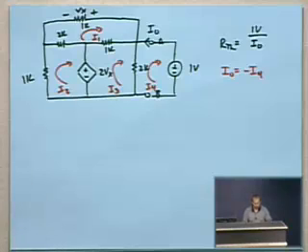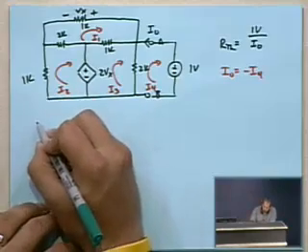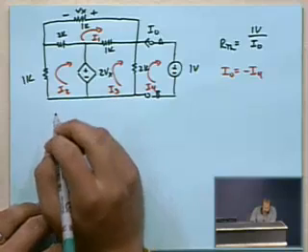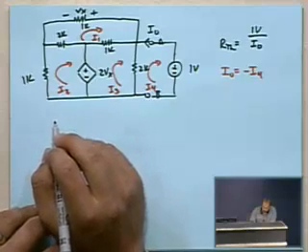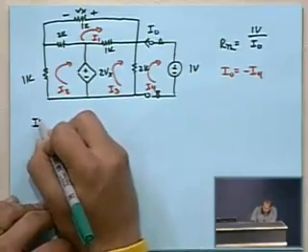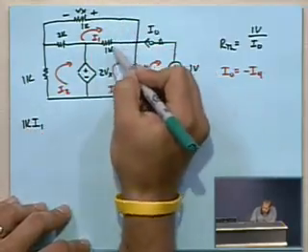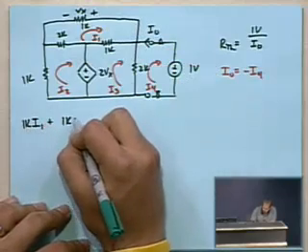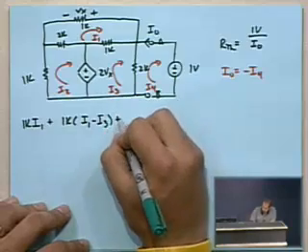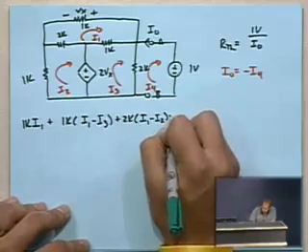All right, so going around the top loop, it's unfortunate that we defined all of the currents going in particular directions, but anyways, we've got I1 times 1K up here. Then we've got 1K times (I1 minus I3), and then 2K times (I1 minus I2) equals 0.